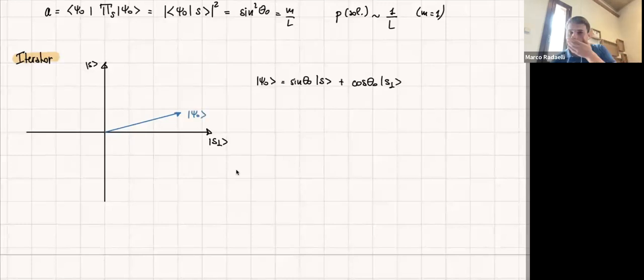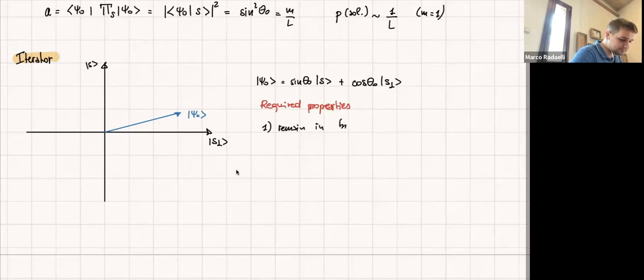Now we want to design unitaries that have two required properties. First of all, we want to remain in this bidimensional space.